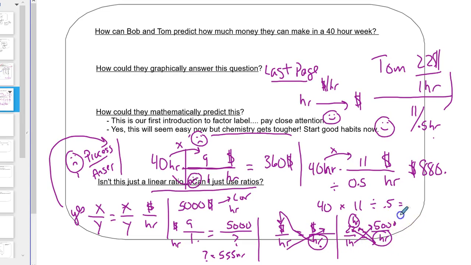So this is now going to be hours, which I'm looking for, equals 5,000 times 1 hour, divided by the 22. The 22 got shot down here. And now I can solve for that guy. You might think that's a lot of work, but really it's just moving things diagonally, and you'll find that that should make sense. 5,000 times 1 divided by 22. And it's 227 hours. 227 hours.